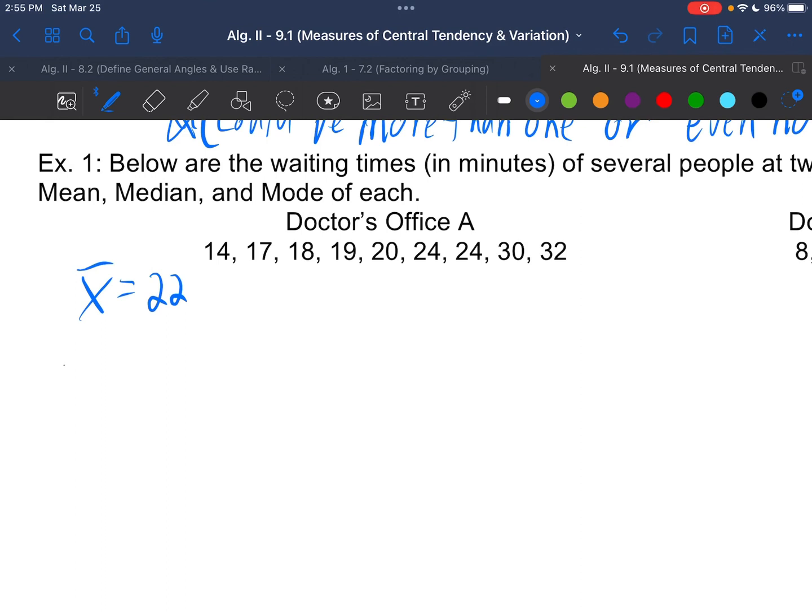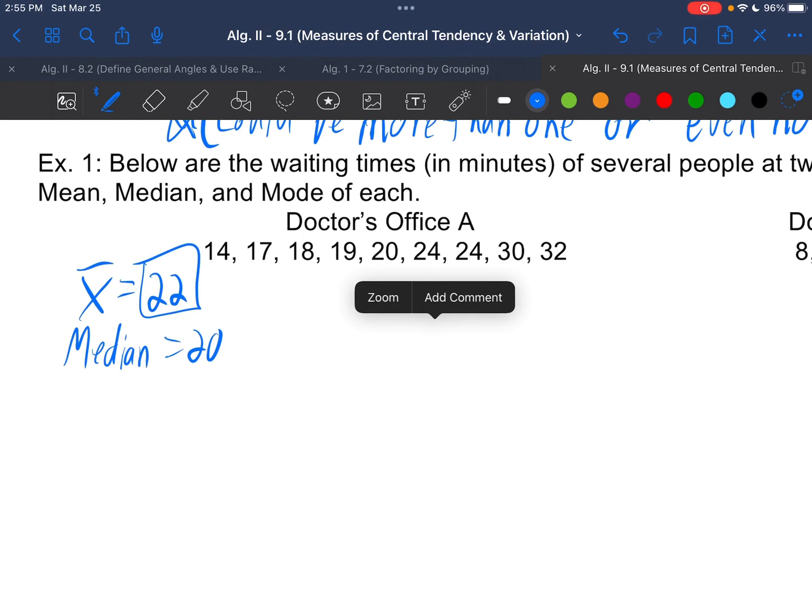The median waiting time is 20 minutes. That is the middle number of this data. And why those are different is because you have this number 32, which is bringing the 22 much higher, and the 30 is as well.